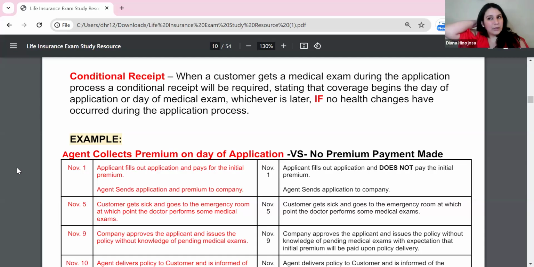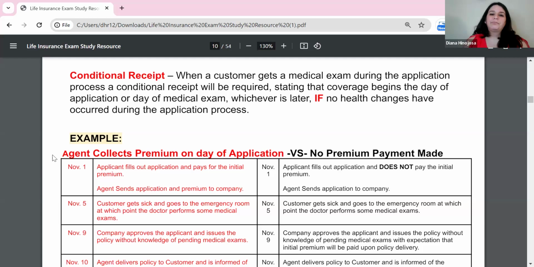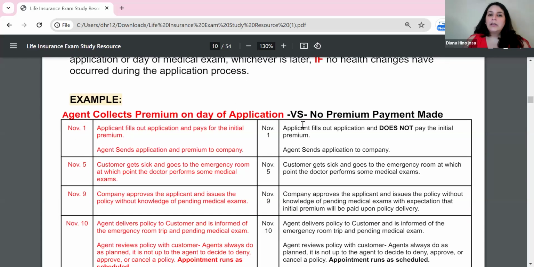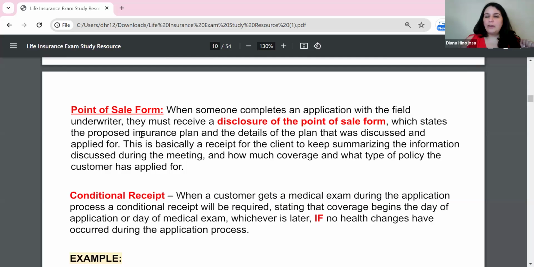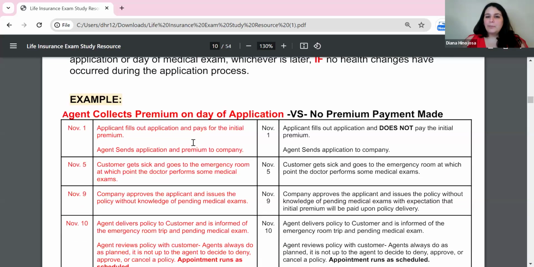All right. So in this scenario, we are going to be doing the same thing for the first couple of times. So November 1st, you go and you meet your client, you fill out the application, you give them your disclosure of point of sale form. He applied for his policy. He's good.